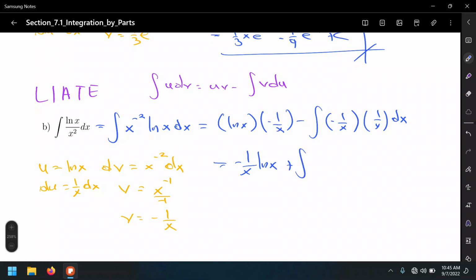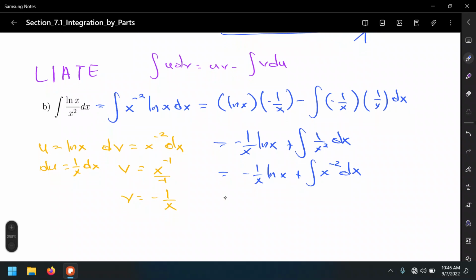And 1 over x times itself will be 1 over x squared with respect to x. And then from here, well, we cannot integrate these powers while they are in the denominator, so let's move it to the numerator. Negative 1 over x ln x plus the integral of x to the negative 2 with respect to x.